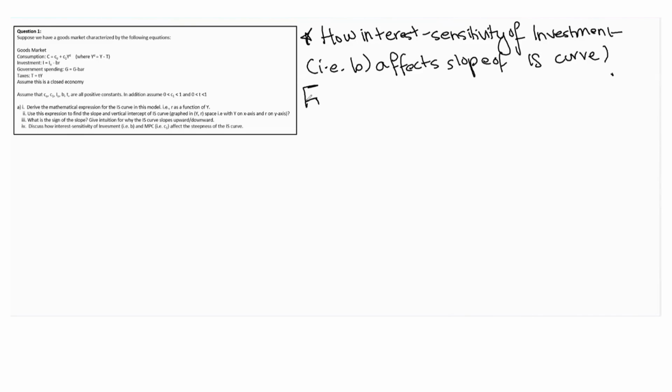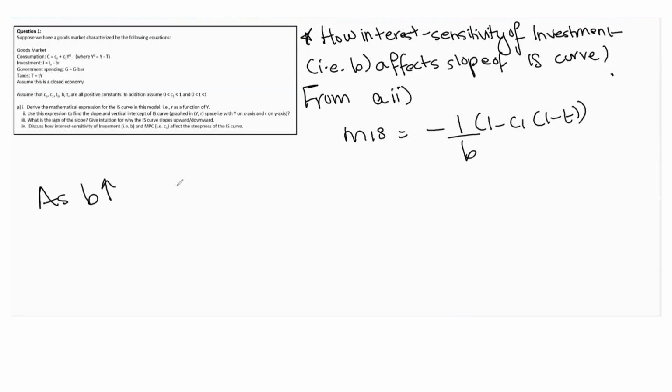Now from A2, we know the slope of the IS curve, which I'm writing as MIS, is given to us as minus 1 by B, 1 minus C1. Now we can see over here, as B increases, it's in the denominator.